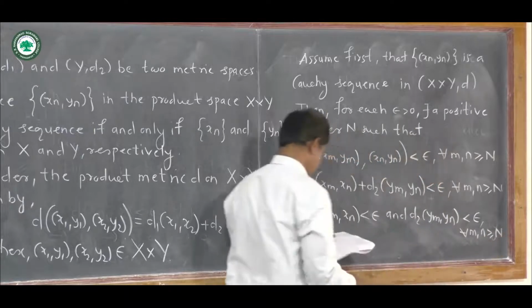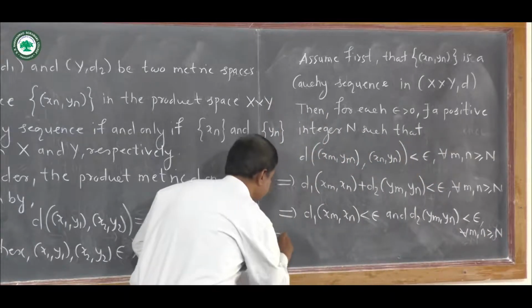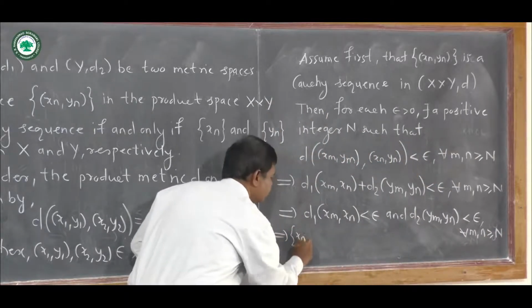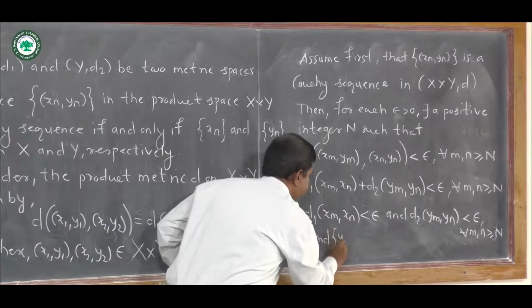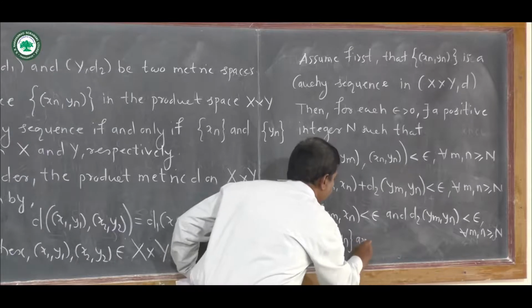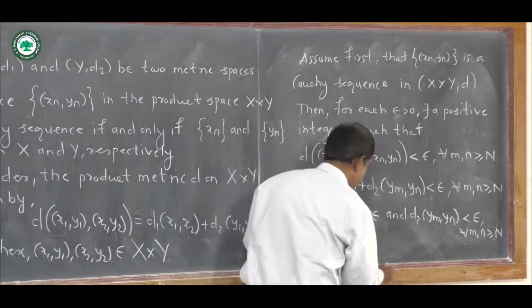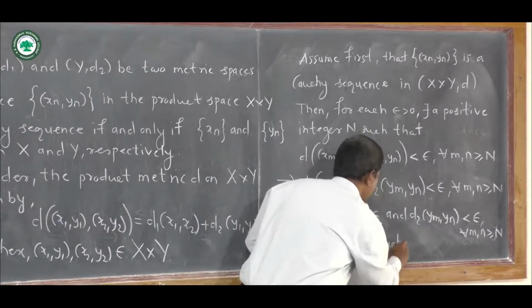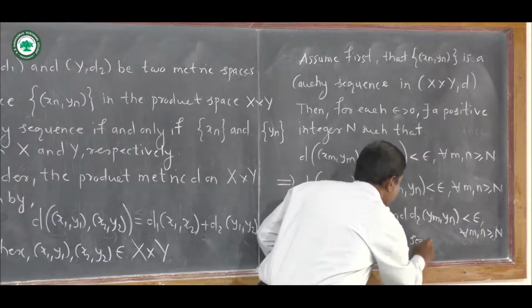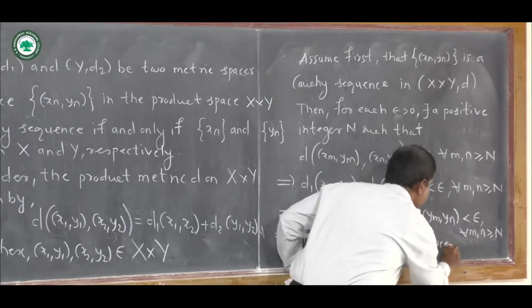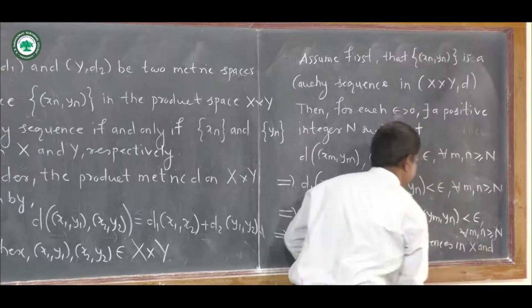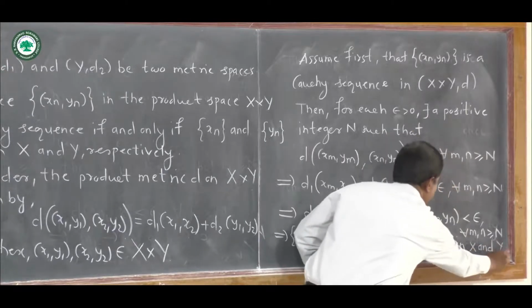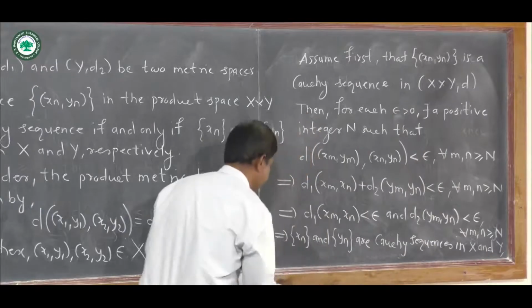So this implies that these sequences, that is xn and yn, are Cauchy sequences in X and Y respectively.